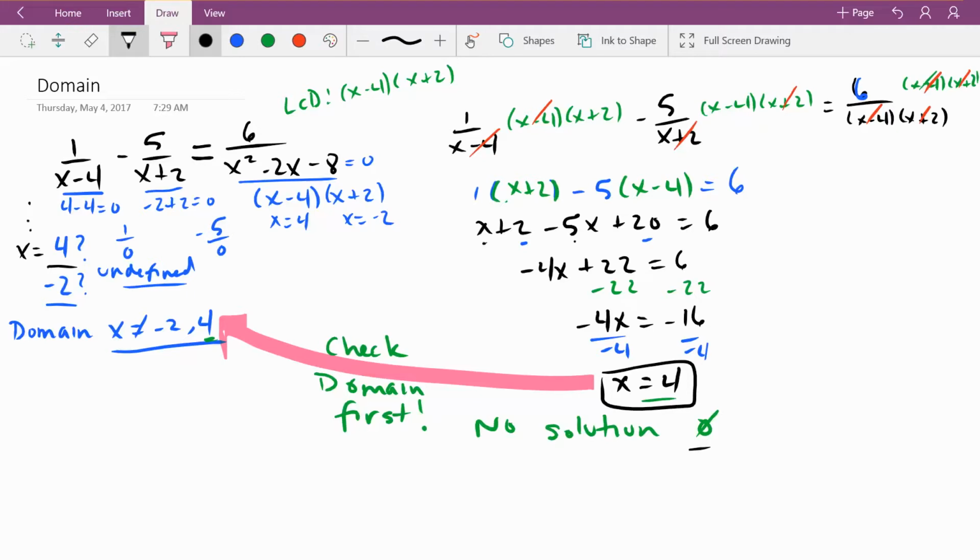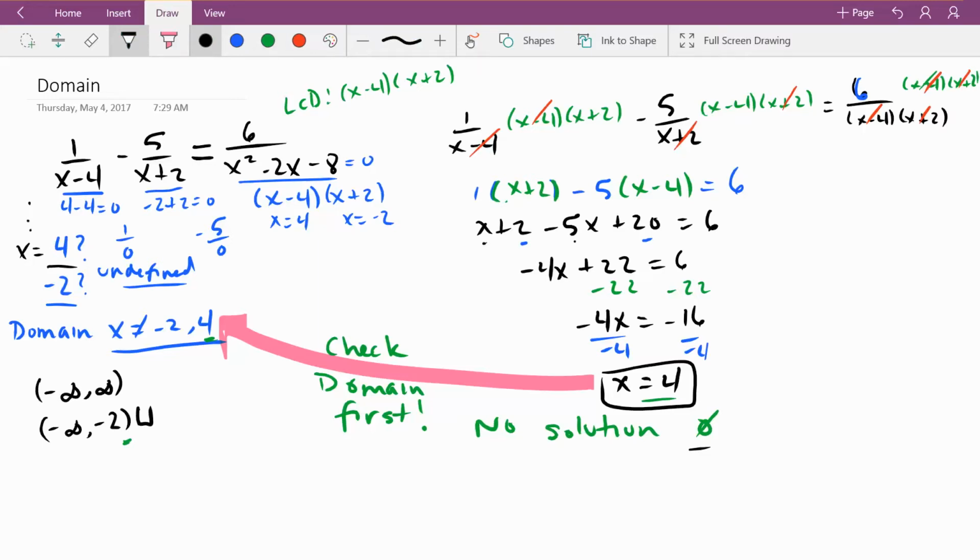Really quick, sometimes they want this domain in interval notation, which is kind of annoying. If we had no domain restrictions, we would say x could be anything from negative infinity to infinity. Well, now I have to exclude negative 2, so now it's going from negative infinity up to negative 2, parentheses. Parentheses means I'm not including negative 2. Then we do a union.